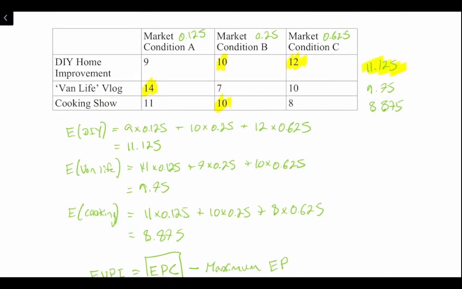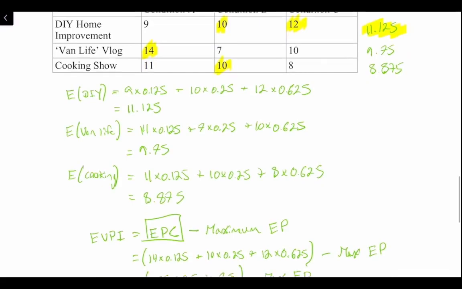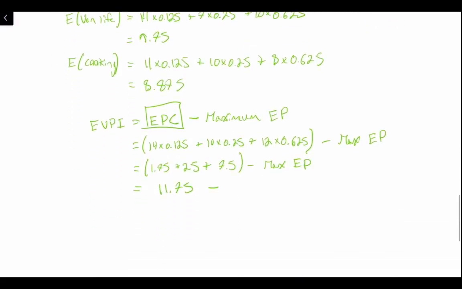And then we're going to subtract our maximum expected payoff, and we calculated that right here. Our maximum expected payoff is 11.125. So minus 11.125, which gives us 0.625. Again, this is in millions of dollars.